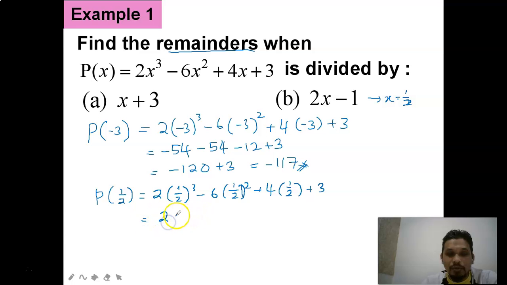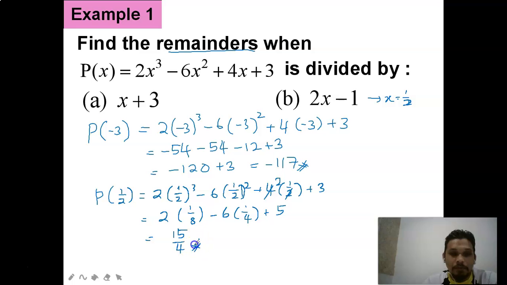So 2 times 1 over 8 minus 6 times 1 over 4 plus 4 divided by 2 equals 2, plus 3 equals 5, and if you have your calculator with you, this will give you a total of 15 over 4.